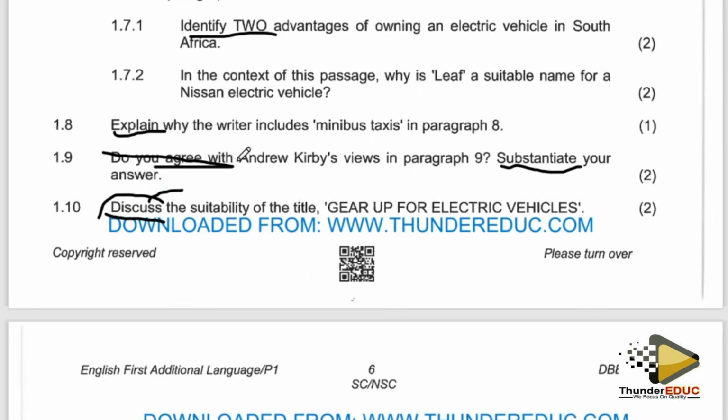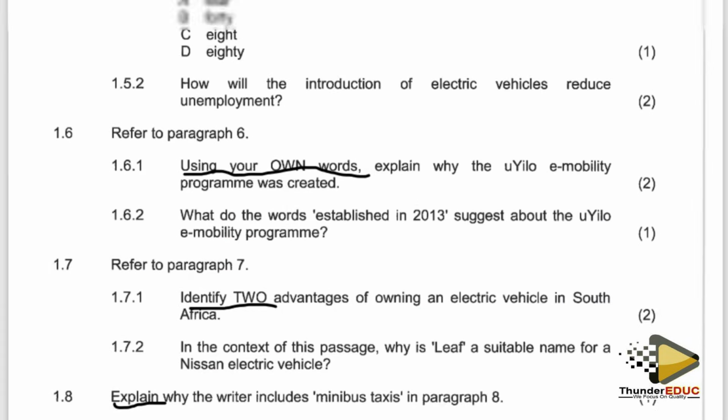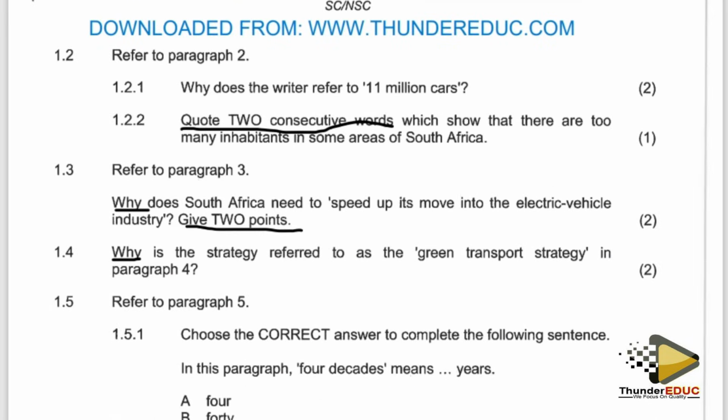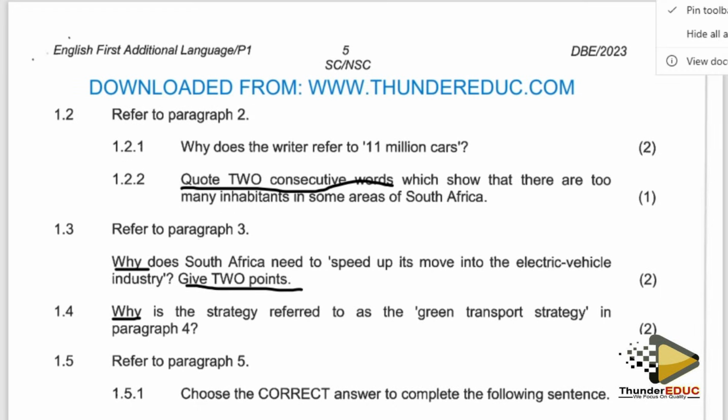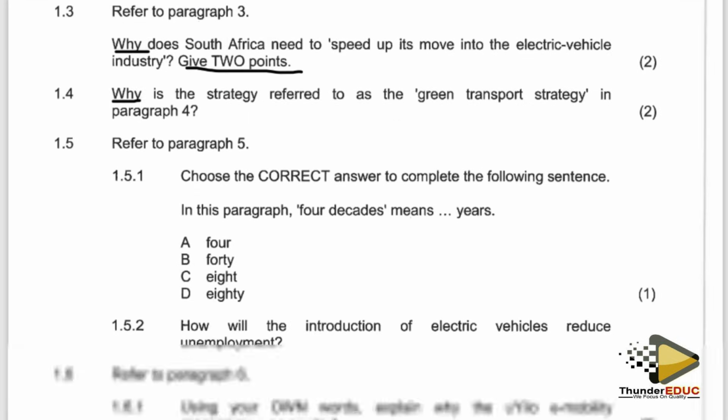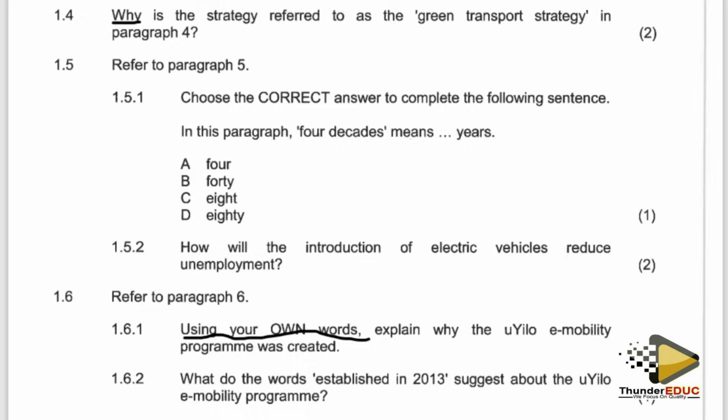The risks that have been raised when using the current mode of transport, the risks that have been raised in terms of the planet, the risks that have been named in terms of pollution. So as such, you must be able to find reasons why the electric cars will be more suitable.